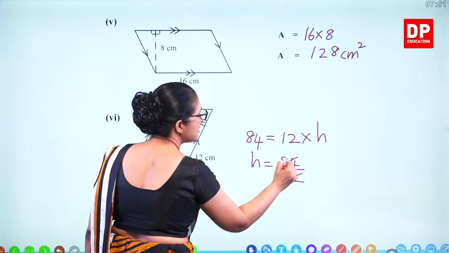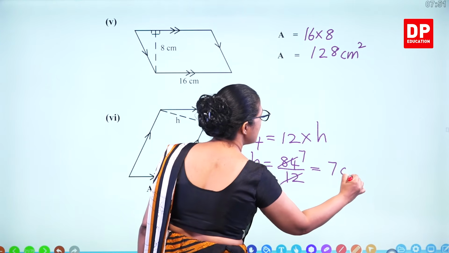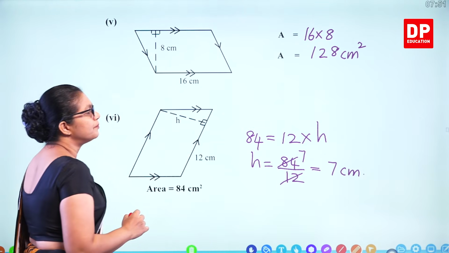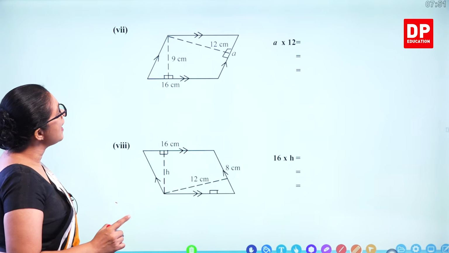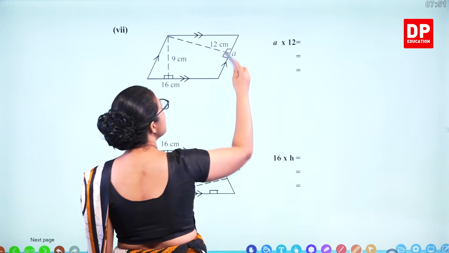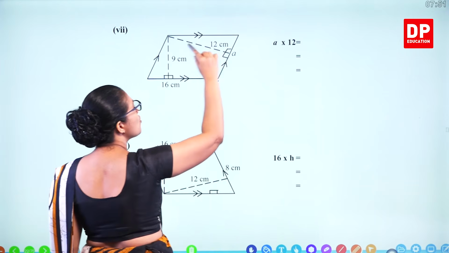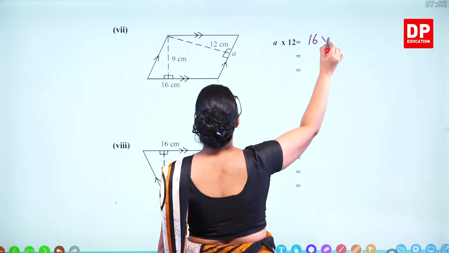This is 12 times 7. So 7 centimeters. Look at this one. You can find A using the area. So the base length A times 12 is the same as 16 times 9.